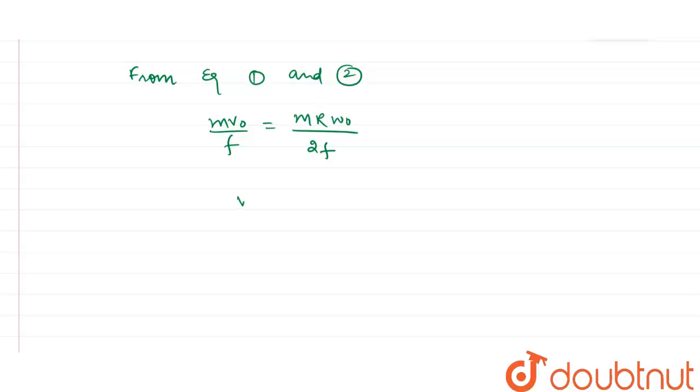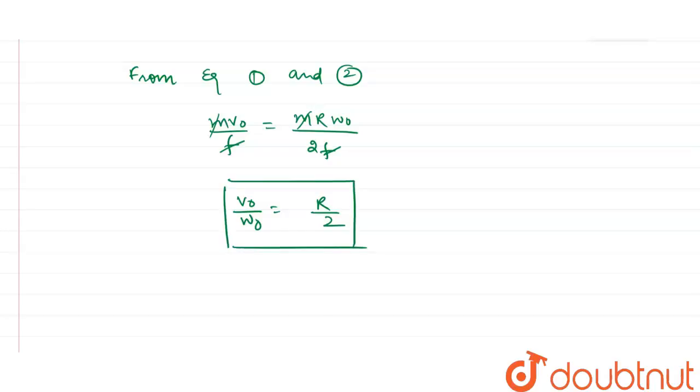The f cancels out, so the value of v naught upon omega naught comes out to be r by 2.